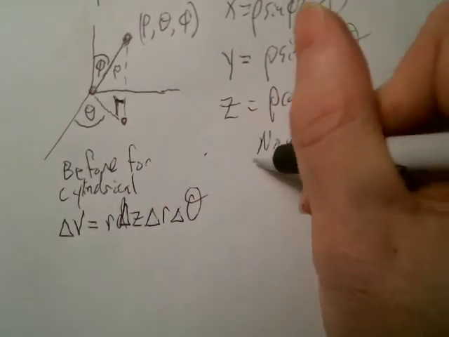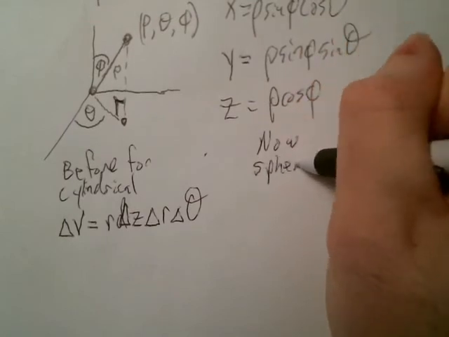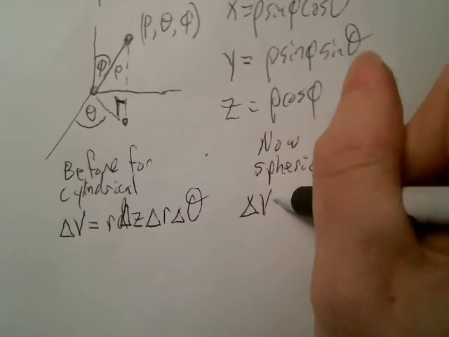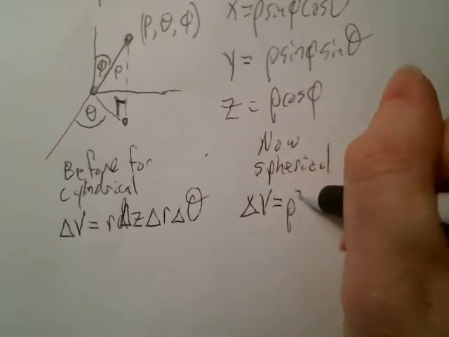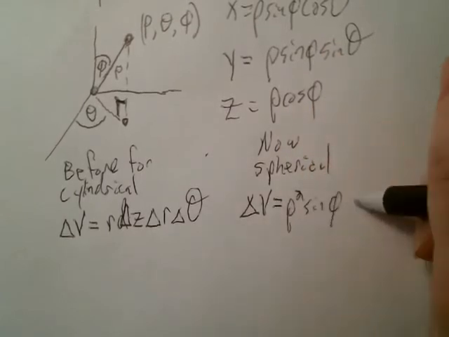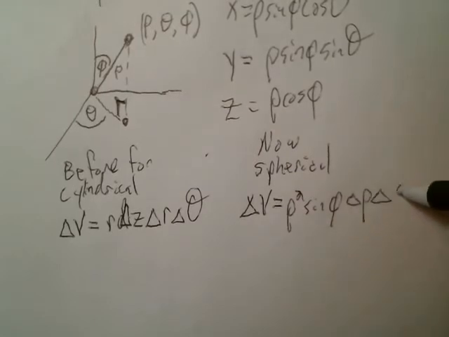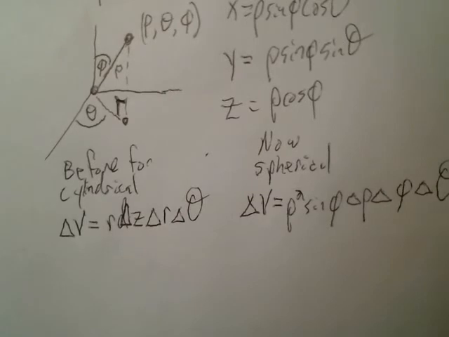Now with spherical, it's even more annoying. Delta v is replaced by rho squared sine phi, delta rho, delta phi, delta theta.